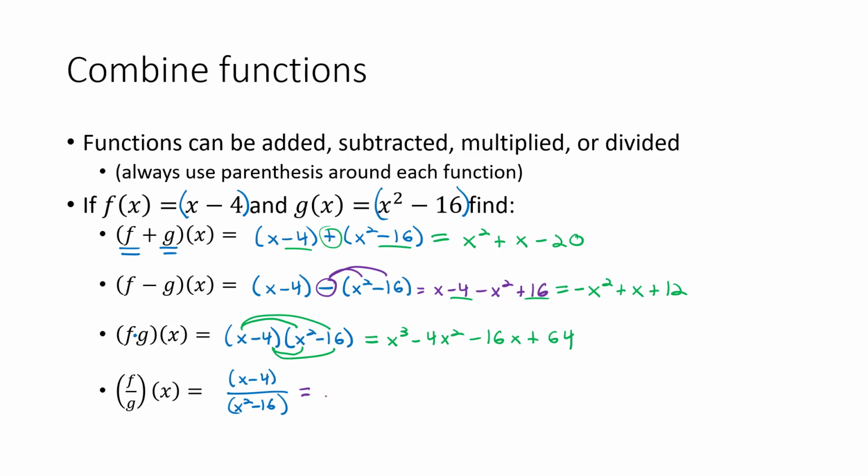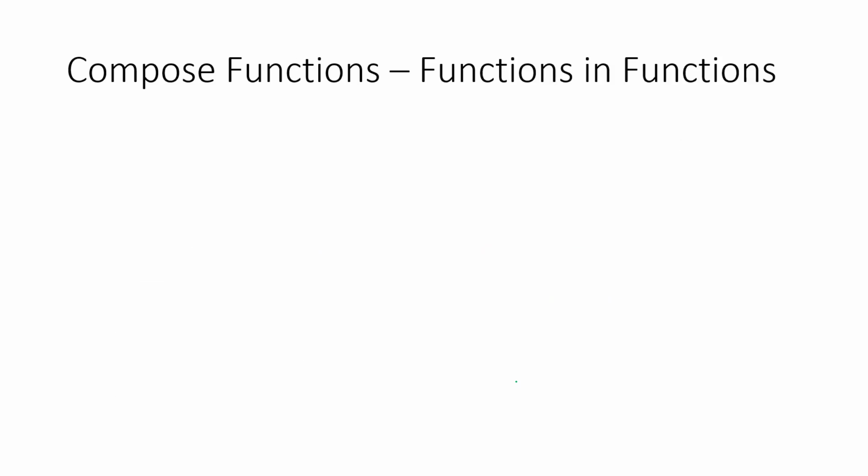We can divide out common factors, though, and you'll notice that denominator is a difference of squares, x plus 4 times x minus 4. And now that I do have a common factor of the x minus 4 to divide out, leaving behind a 1 in the numerator, this is 1 over x plus 4.